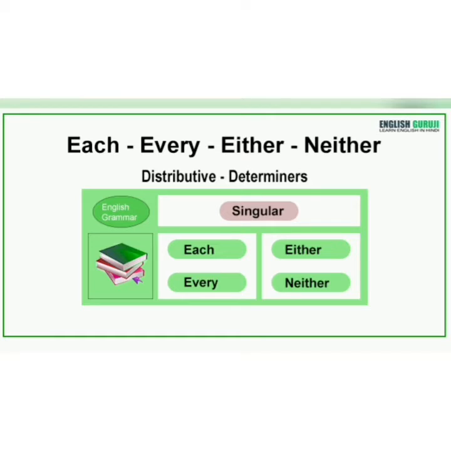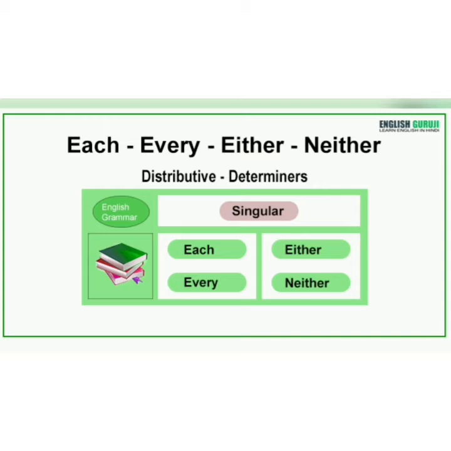Every is used to refer to more than two persons or things considered, but like each, every also refers to the individual person or thing, but with emphasis on the total group. For example, every line in the poem starts with a capital letter. I went for a morning walk every day during the holidays.